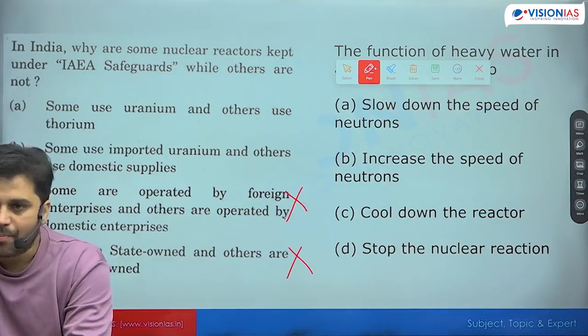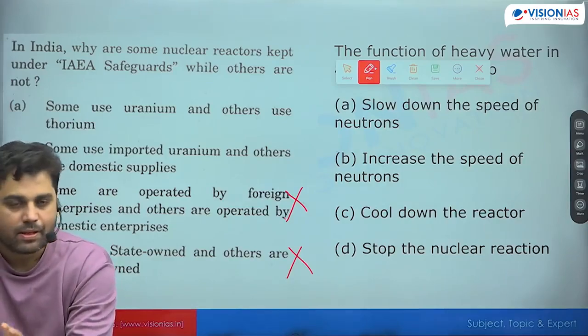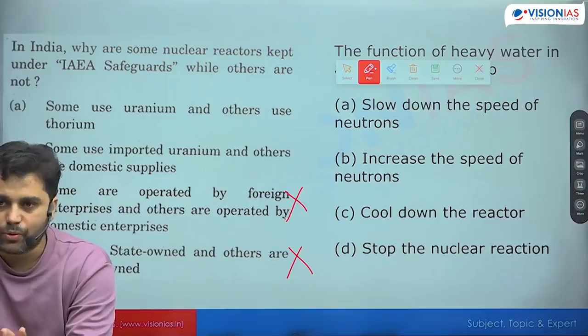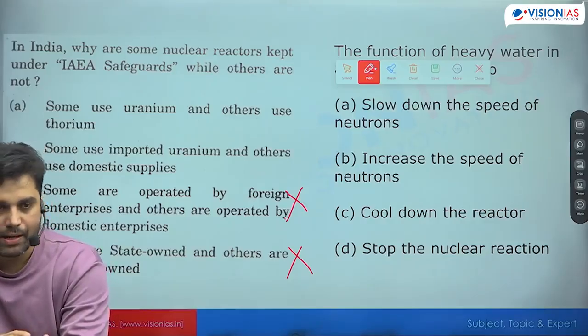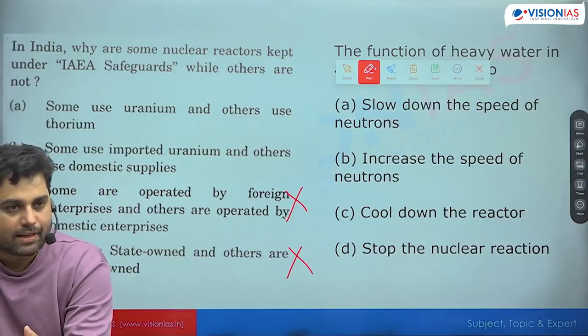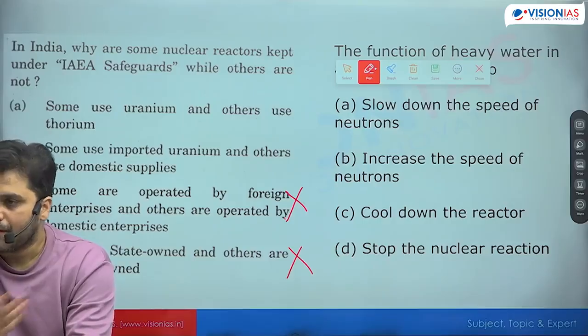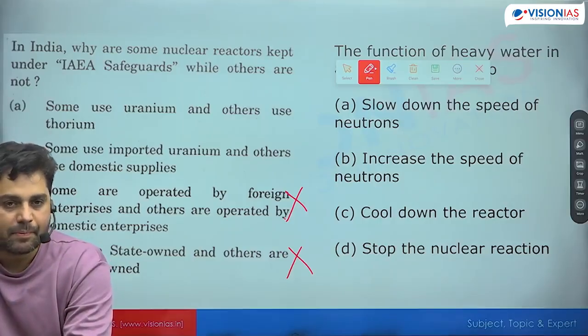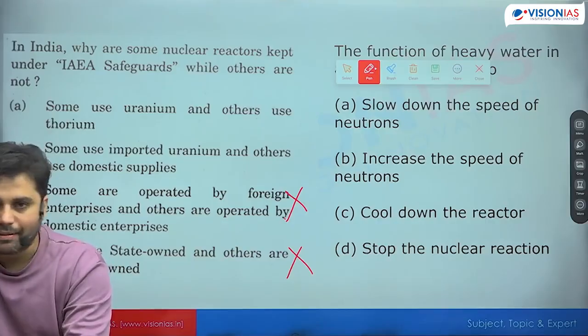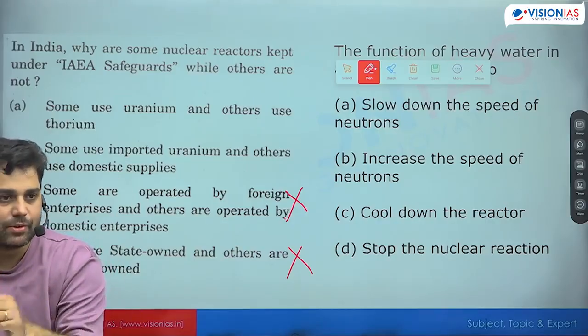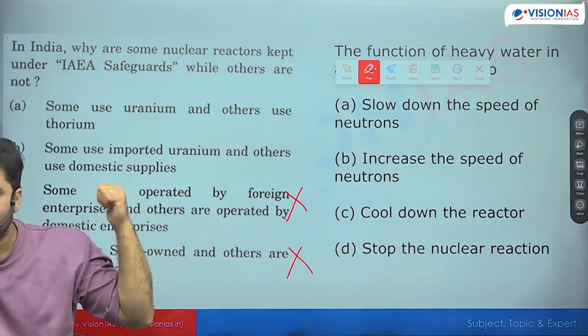That is why we adopted this IAEA safeguard. Of course, we will not allow you to go to our own uranium reserve and see what we are doing there. But if the fear is that imported uranium will be used to make nuclear weapons, then we adopt 100% transparency here, and you can come and check our facilities to see what we are doing to that particular uranium. That is why B is the correct answer.